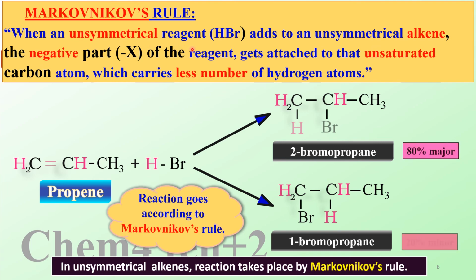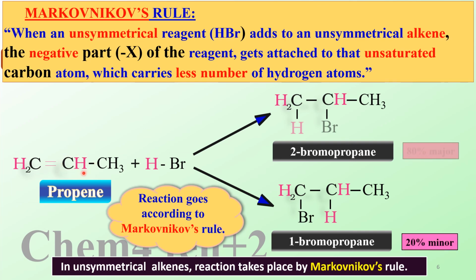When an unsymmetrical reagent like HBr, as we can see here, adds to an unsymmetrical alkene like propene we have used here, the negative part, that is the halogen atom, here the Br atom, of the reagent gets attached to that unsaturated carbon atom which carries less number of hydrogen atoms.